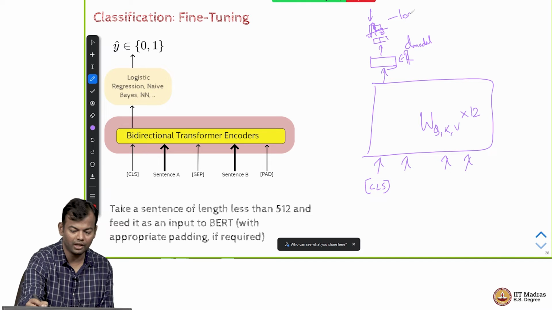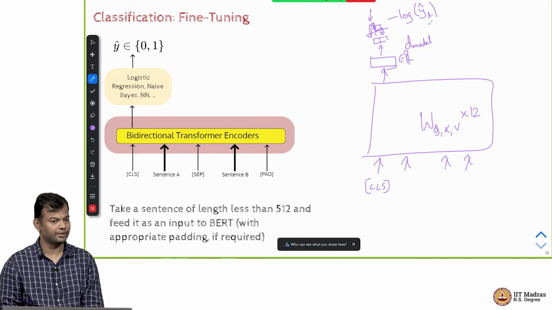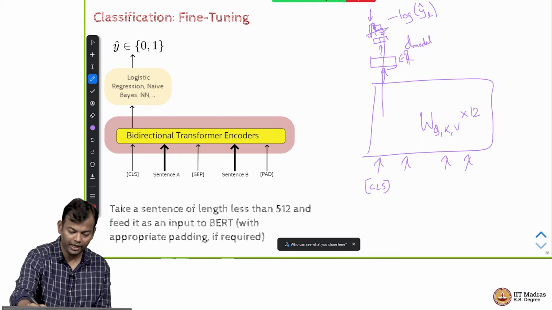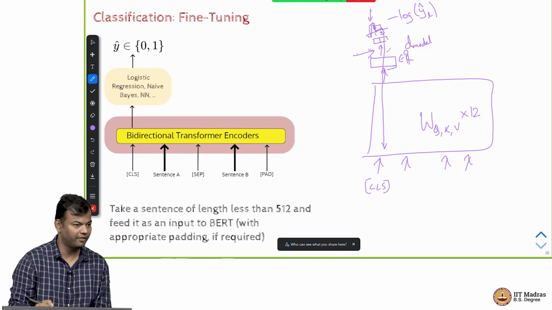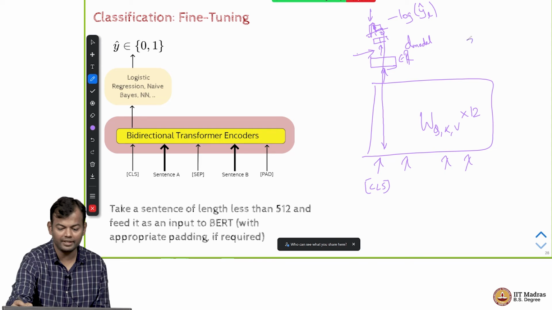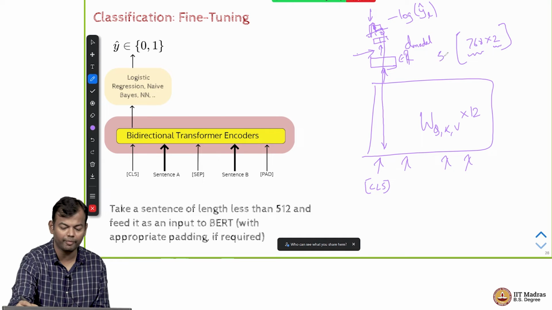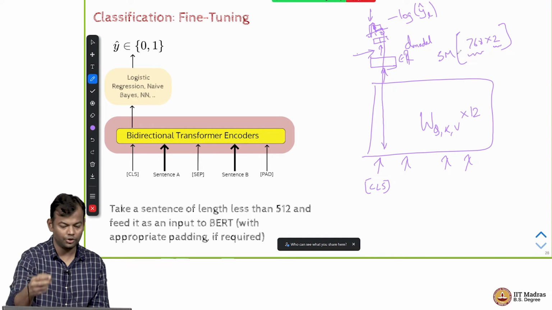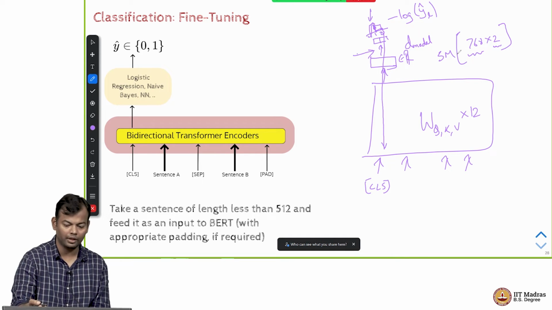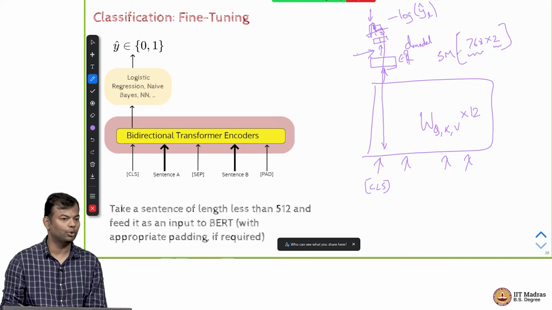So my loss function is just minus log y hat L, where L is the correct class, and then I can back propagate through the whole network. I can train these new parameters that I have introduced here, which is 768 cross 2, because I am taking a 768 dimensional representation, mapping it to a 2-dimensional representation, and then doing a softmax on top of that. Those parameters I have to learn, and then I'll also learn the entire W, Q, K, V.